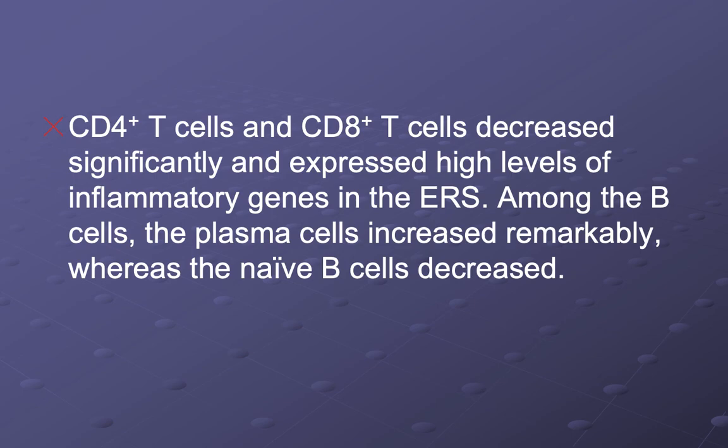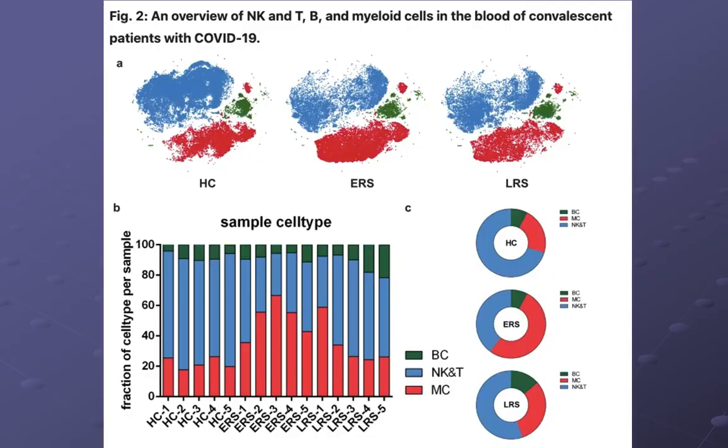No? That even in early recovering patients, still the genes for the production of inflammatory chemokines are still active. No? Among the B cells, the plasma cells increased remarkably, whereas the naive B cells decrease.